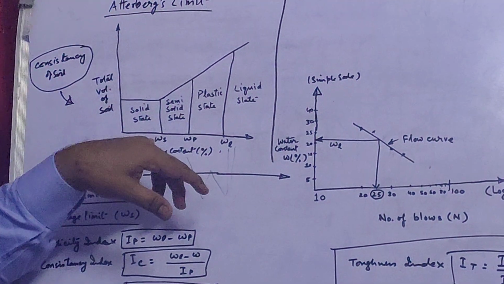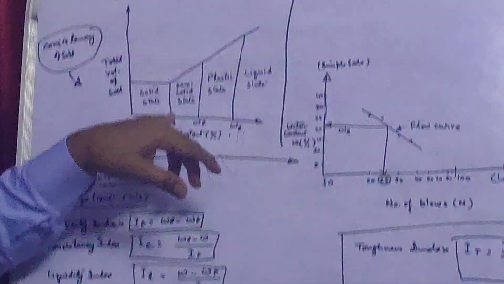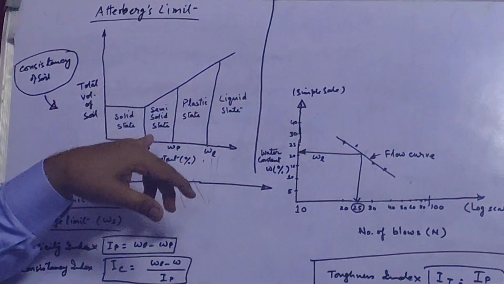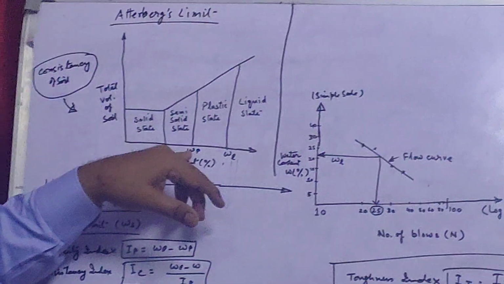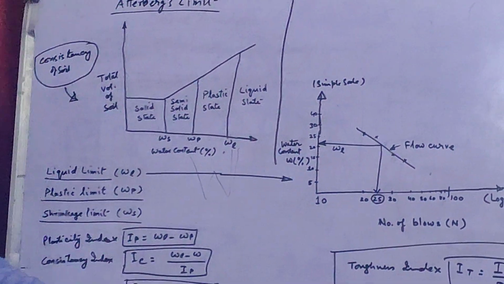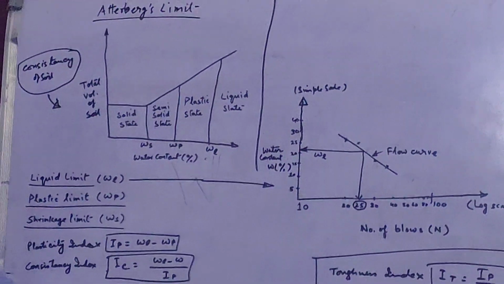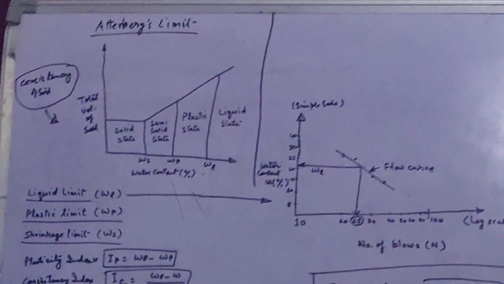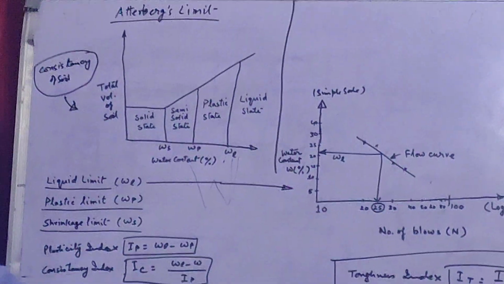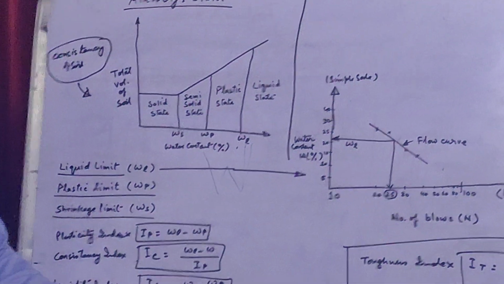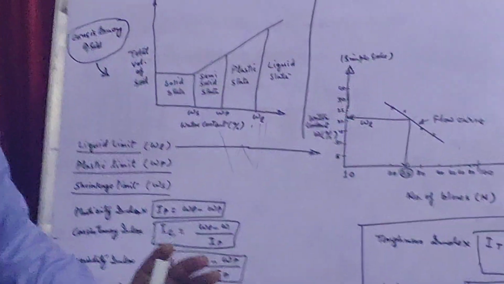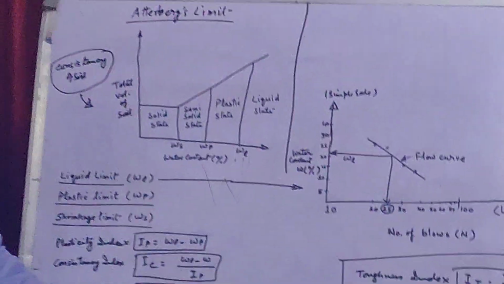Shrinkage limit is the arbitrary limit between the solid state and the semi-solid state, plastic limit is the arbitrary limit between the semi-solid state and plastic state, and liquid limit is the arbitrary limit between the plastic state and the liquid state.